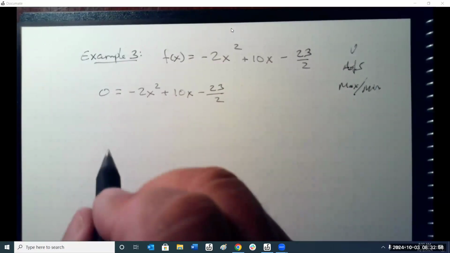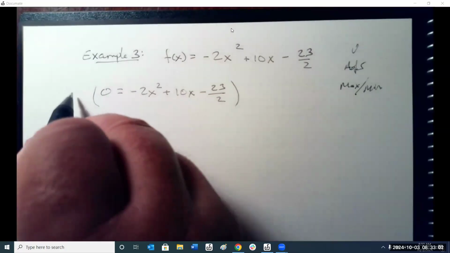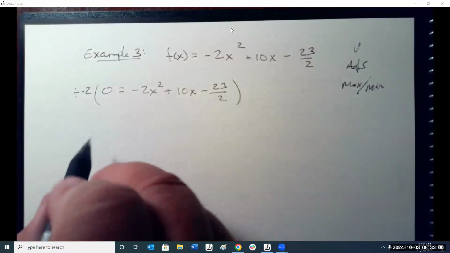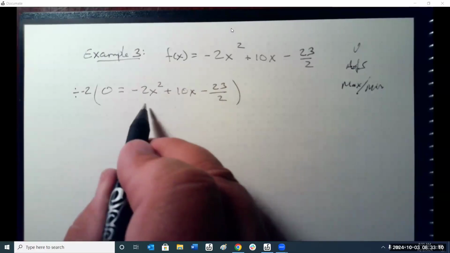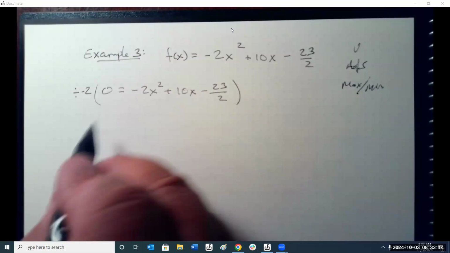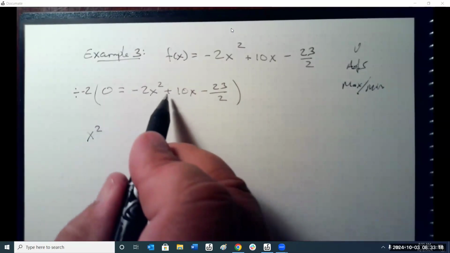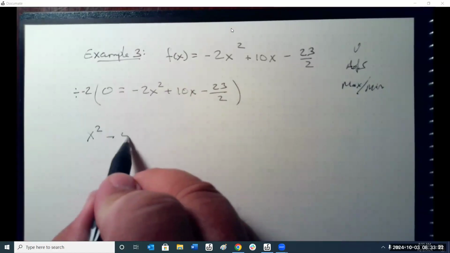A is negative 2, so we divide everybody by negative 2. So I'm going to put this at first. So we have negative 2 divided by negative 2. They cancel. So we have x squared. A positive divided by a negative is negative. 10 divided by 2 is 5.